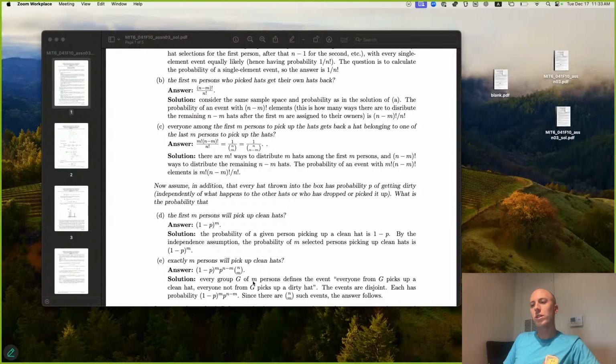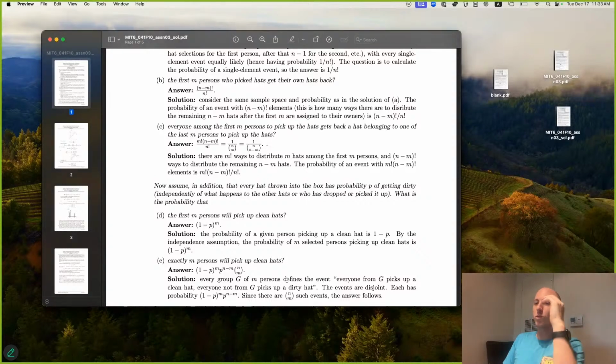Every group G of M persons defines the event. The heck? It's a weird way to start it off. Every group of M persons defines the event. The heck? Everyone from G picks. This is like a riddle. What the? This is like a 'this sentence is false' thing.